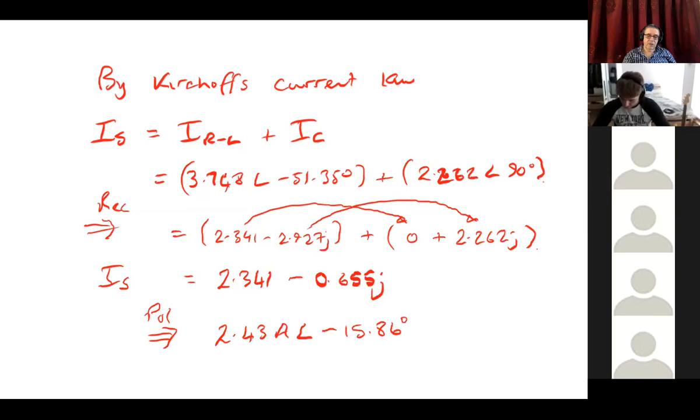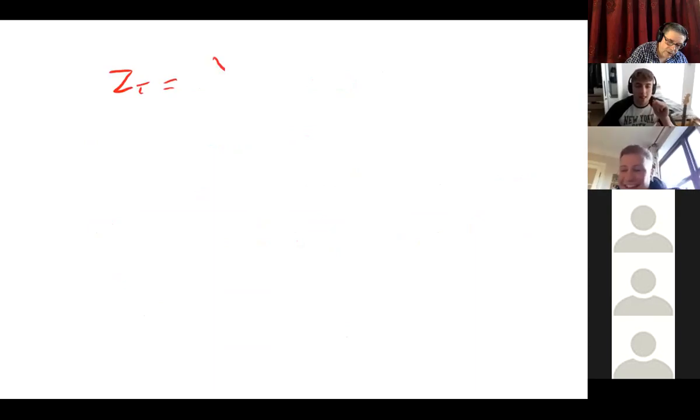We can find the circuit impedance, can't we? We know the voltage, we know the total current, so we can use those for that. So ZT is VS over IS.